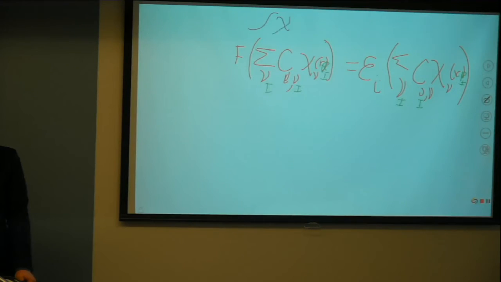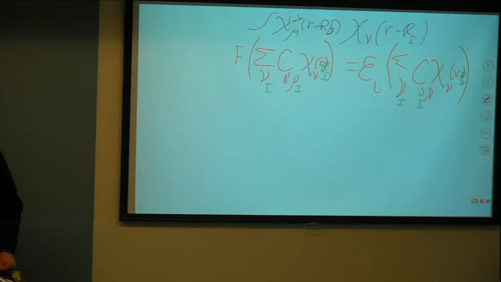Integral of chi mu times chi nu dr equals, it will be not a delta function as we may want, but it will be S mu nu.